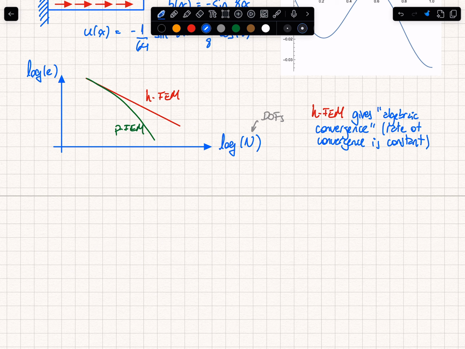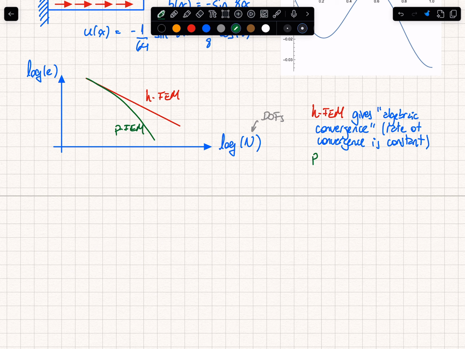And that, of course, you can see from the image. It is a schematic, of course, but you see that there is a straight line. Well, the rate of convergence, which is actually the slope in log space, is constant. It does not change, right?